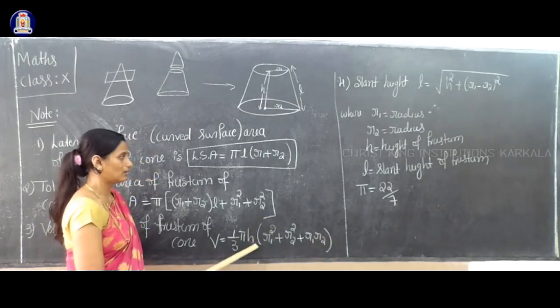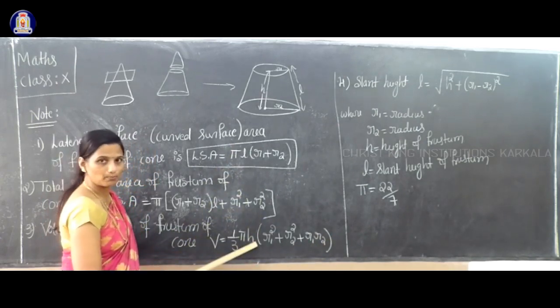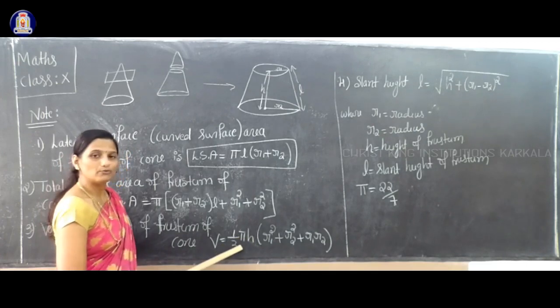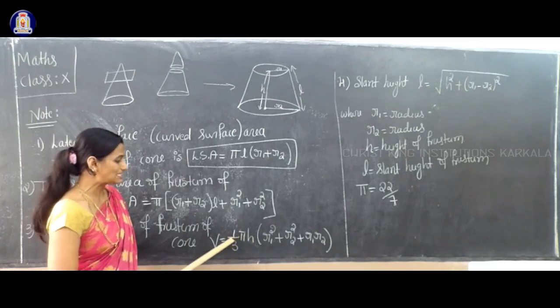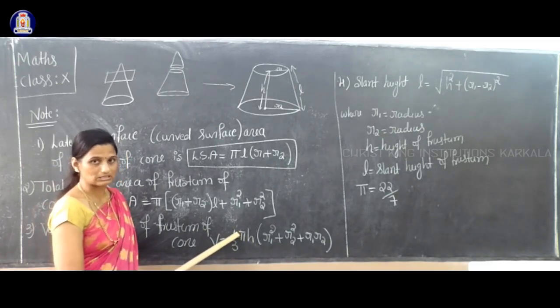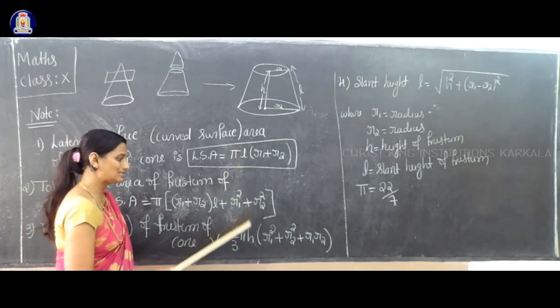Close this bracket. So these three are very important. Finding the volume of frustum is important for 3 marks. Okay. So remember these 3 points.